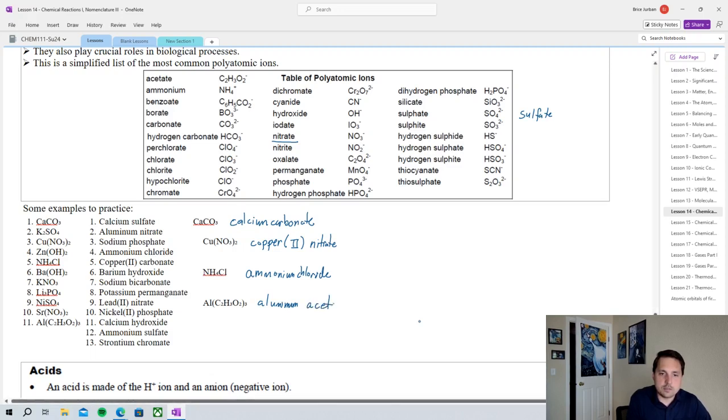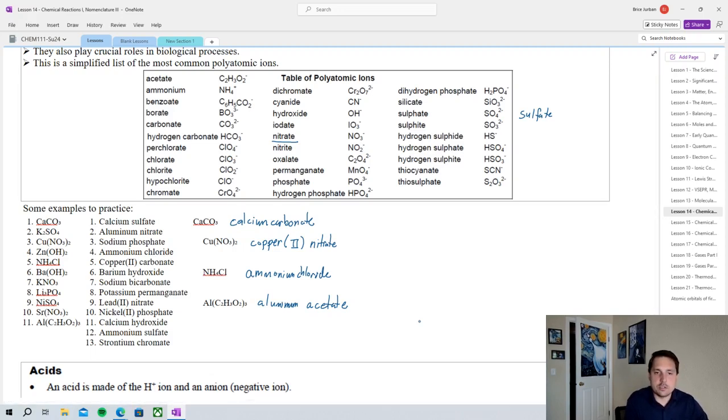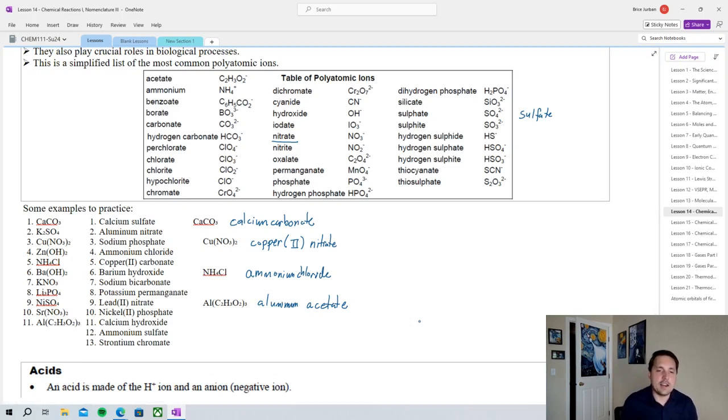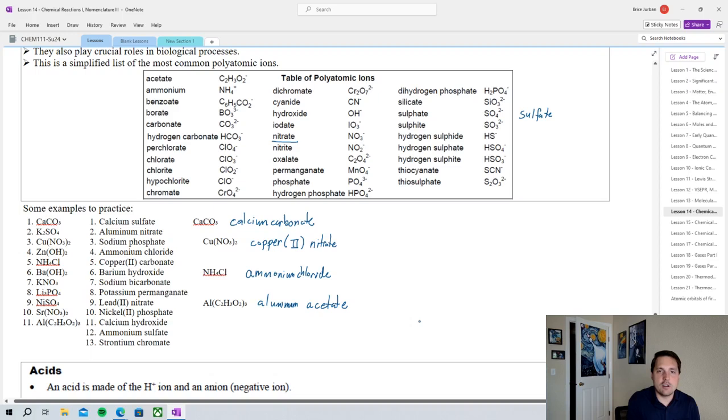Aluminum acetate. So not aluminum triacetate, not copper 2 dinitrate. There's no prefixes that are added on top of any prefixes that are already given for the polyatomic name. So you have to be paying attention to the charges when you write these out.